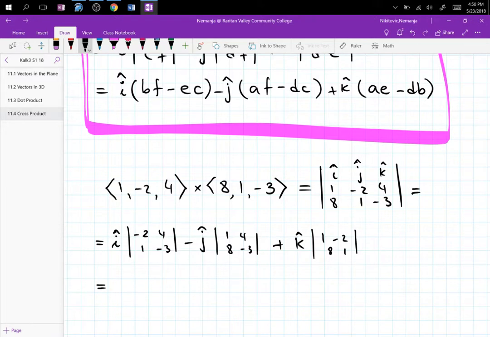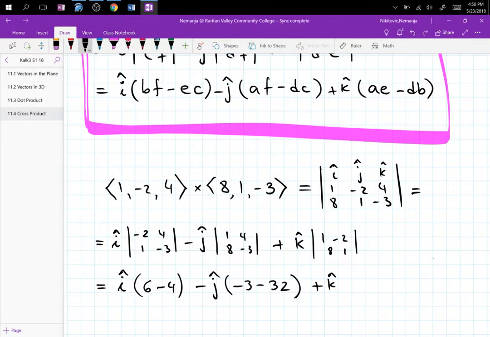So now we have -2 times -3, that's +6 minus 4. I'll write out the first one. So that's 6 minus 4 minus J, which is -3 minus 32, plus K, which is 1, minus and minus is plus 16.